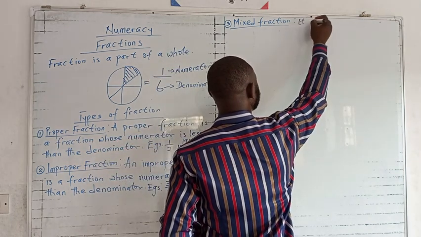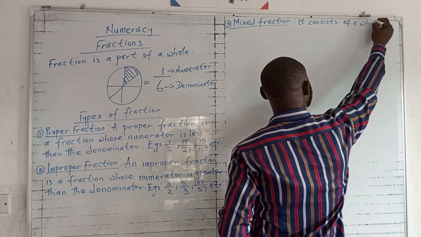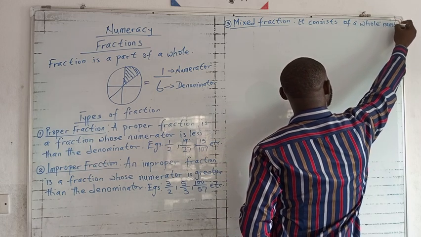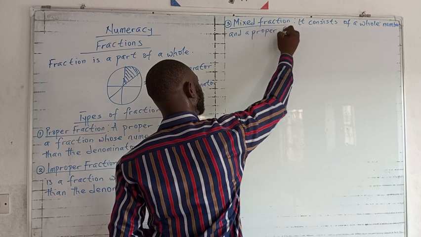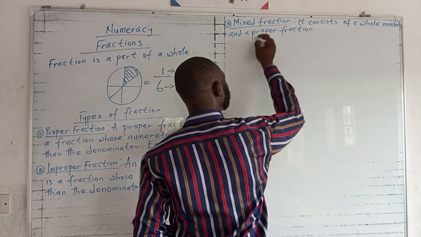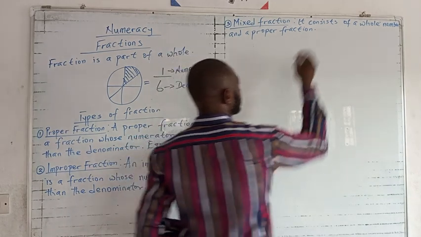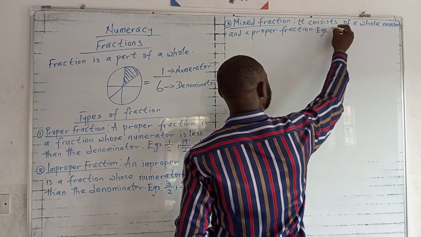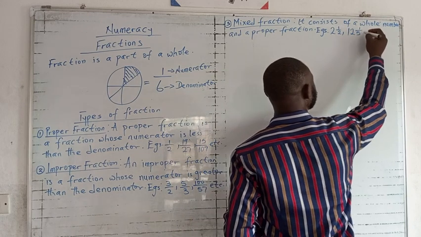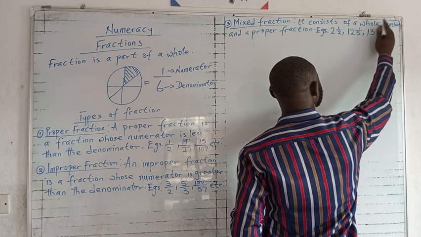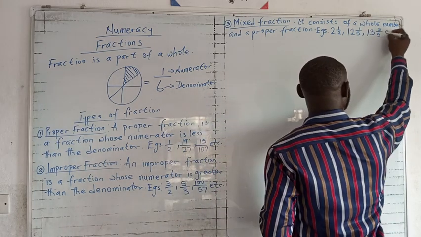Examples: 2 whole number 1 over 2, 12 whole number 1 over 5, 13 whole number 3 over 5, etc.